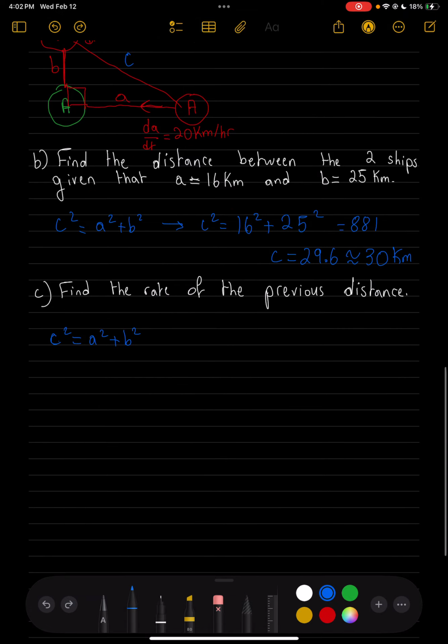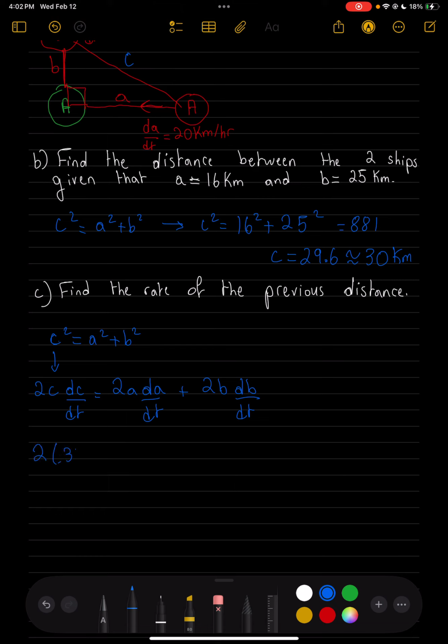So over here, the derivative of C squared is equal to A squared plus B squared. This is going to be 2C dC over dt equals 2A dA over dt, plus 2B dB over dt. And we're just going to replace every single number with its proper value. So this is going to be 2. What is C?